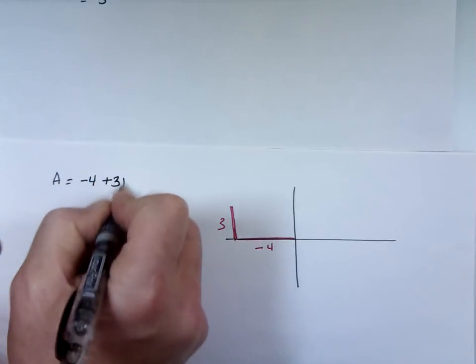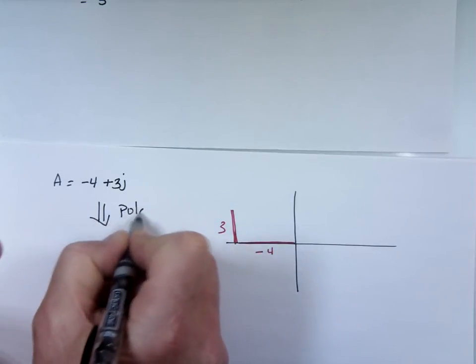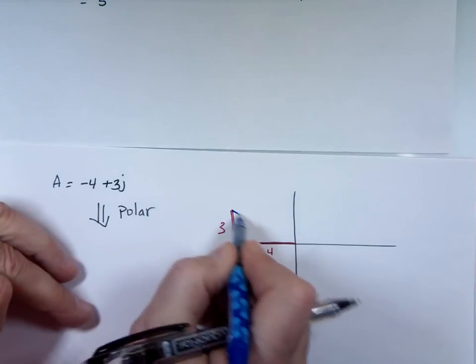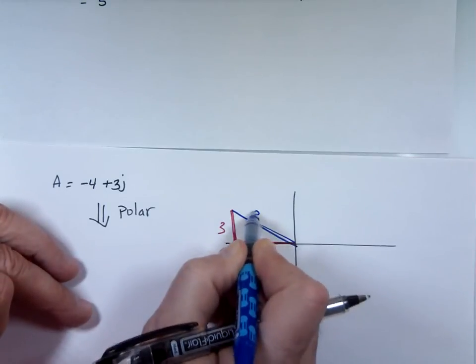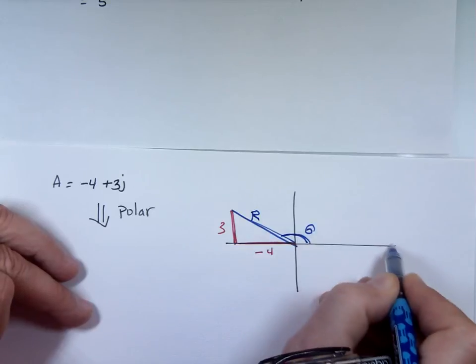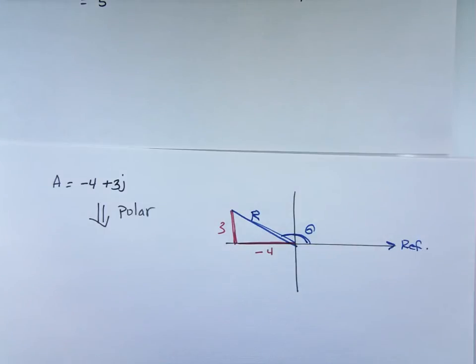And I want to change that to polar. What is r? And what's theta? Theta is always measured from, this is your reference, the positive x-axis.